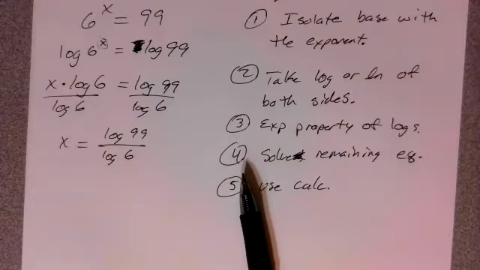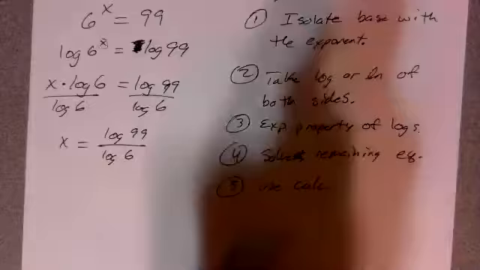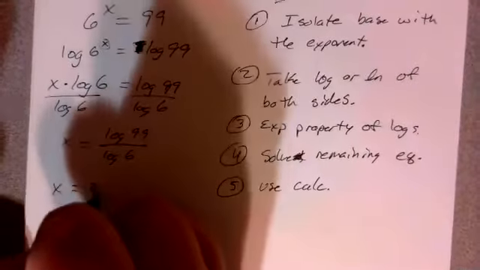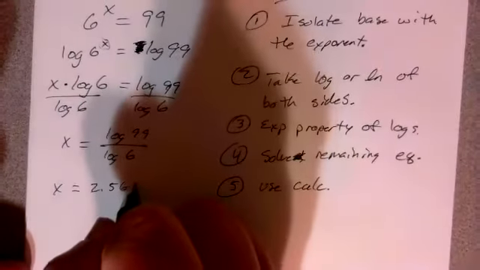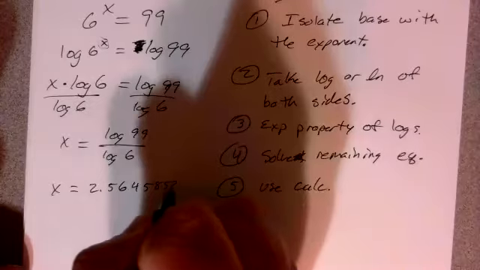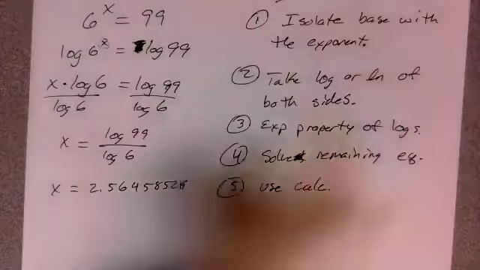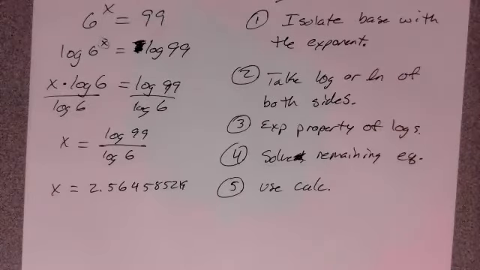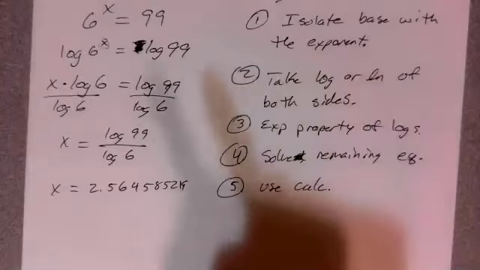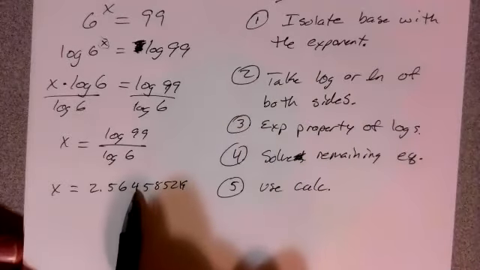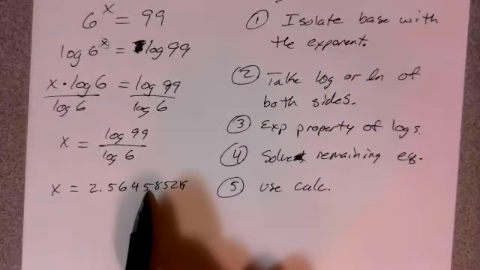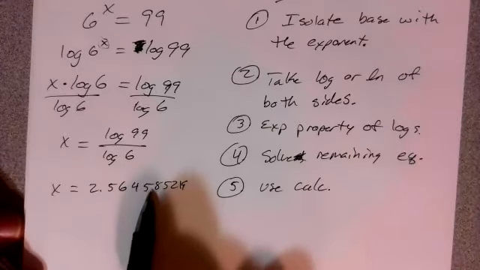I happen to have one of my calculators from school, so the log of 99, close parentheses, divided by the log of 6, and it kicks back x equals 2.564585219. The directions are going to tell us exactly where to round. If I round to the nearest thousandth, that's the third decimal place. Ten thousandths would be the fourth decimal place. I'm going to round to the nearest ten thousandth because I think that's what the worksheet says.